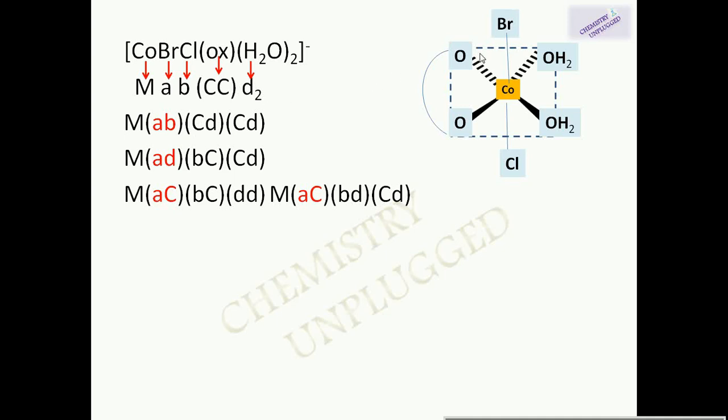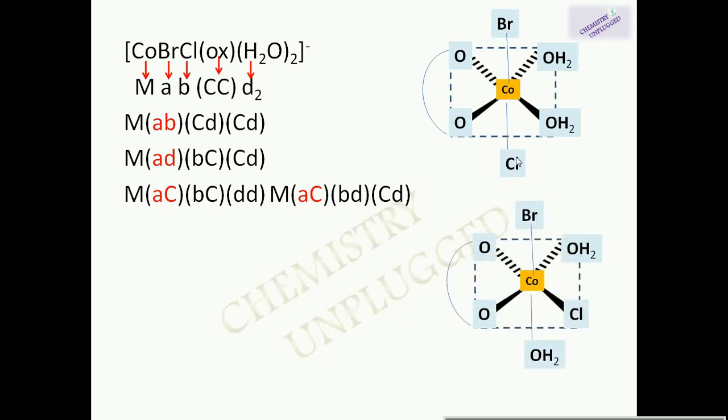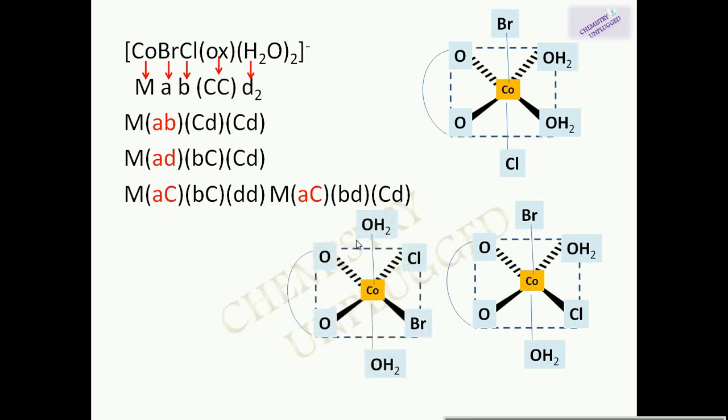Okay. First is AB, means Br is trans to Cl. In the next type AD, A means Br is trans to H2O. In the third type, A is Br trans to one oxygen atom of oxalate.